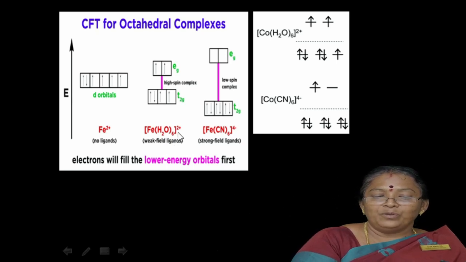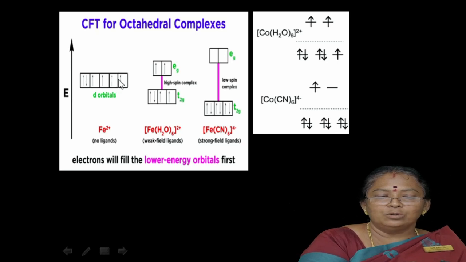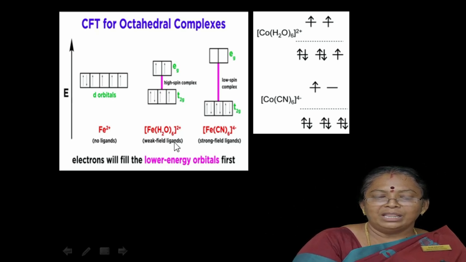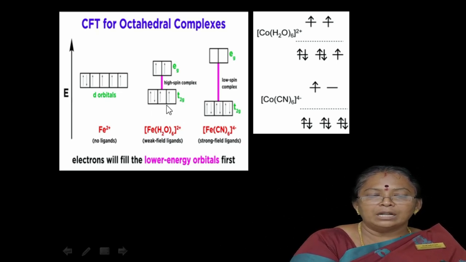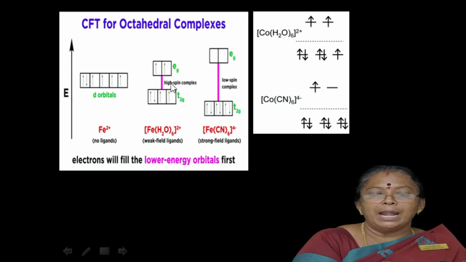When a weak ligand approaches the metal ion, these two are Eg and these three are T2G. The gap between T2G and Eg is less when the weak ligand approaches the metal atom. At that time, the electrons start to fill and form an unpaired structure, that means 1, 2, 3, 4, 5.